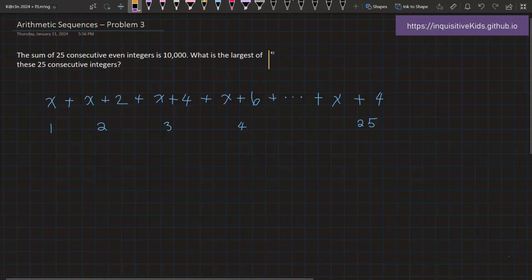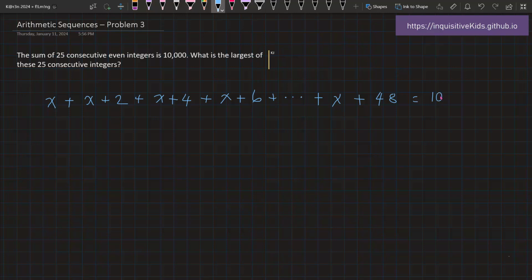Now that we have that expression down, we can find a way to solve it and simplify it. So we know that their total is 10,000. Oops, I erased something right there. Their total is 10,000. So let's write that right here. And now we're just solving for x. So here, how many total x's are there? We're going to combine like terms.